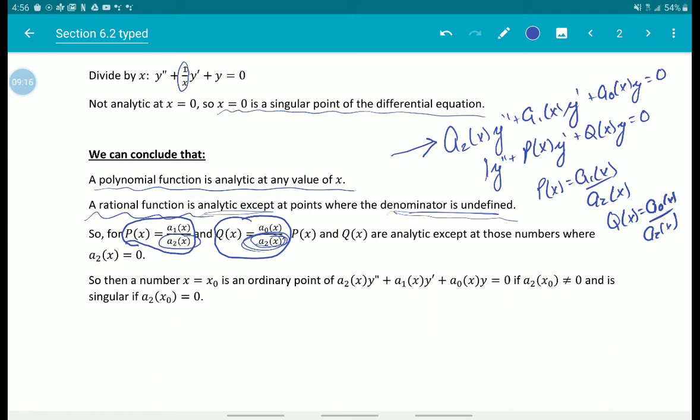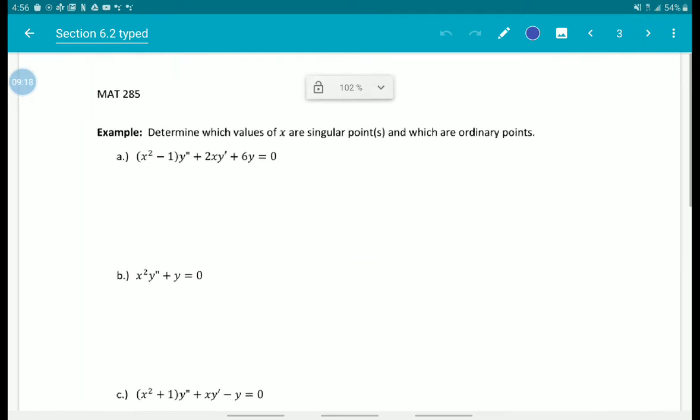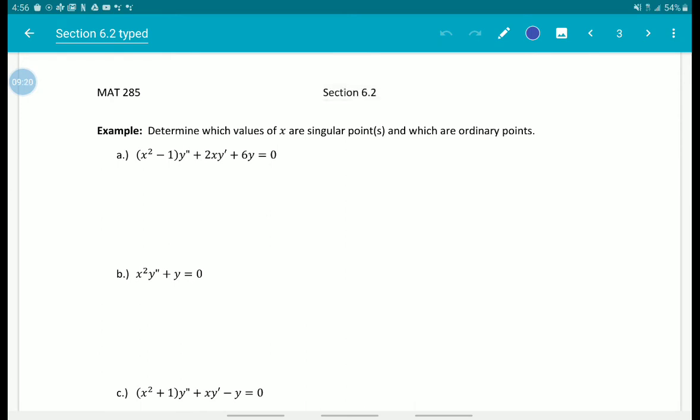So let's look at a few examples. Let's say we have this guy and we want to find values where we're going to have singular points and ordinary points. Just like when we talk about domain restrictions for rational functions, it's almost easier to identify where you would have issues and then everything else is good.